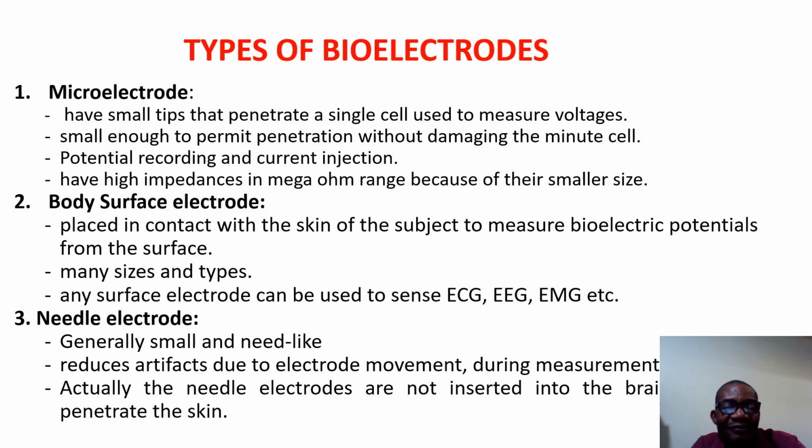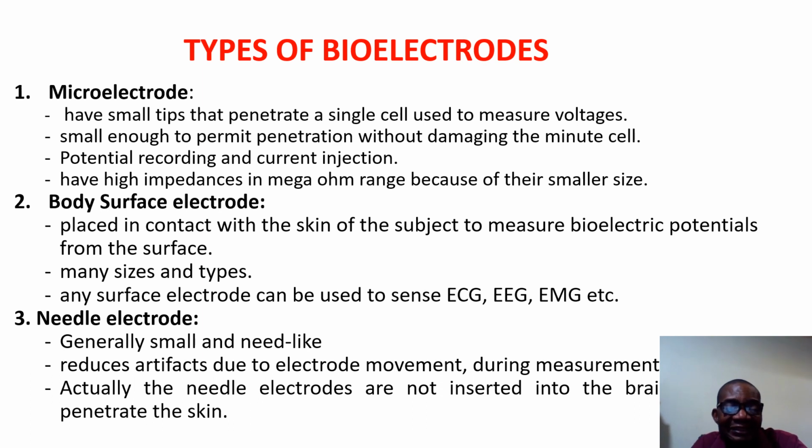The second type of electrodes is body surface electrode. One of the typical examples of body surface electrodes are the electrodes that we often use to conduct electrocardiography, that is ECG.